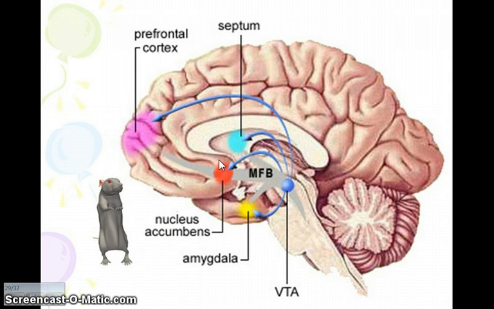This area right here. It's down toward the very base of the forebrain, but that area, the nucleus accumbens, is referred to as the reward center or pleasure center of our brain. And so what rats were doing is they were consistently rewarding themselves in that essence.